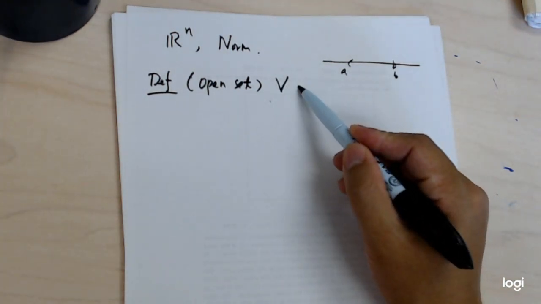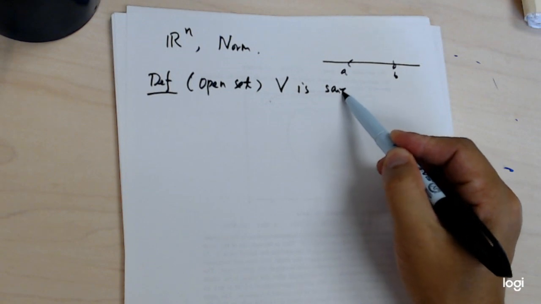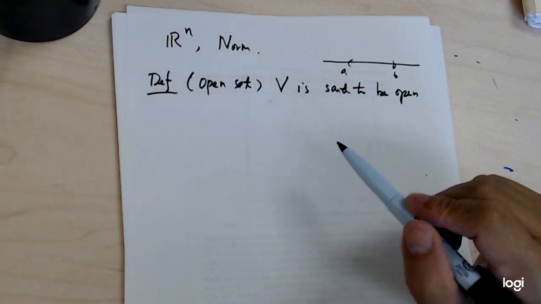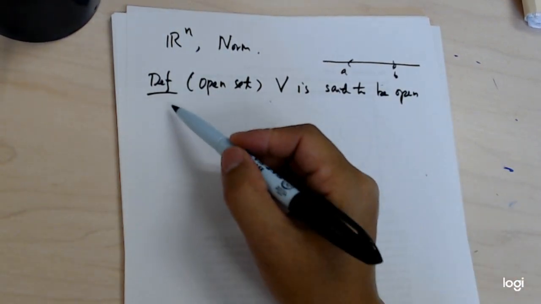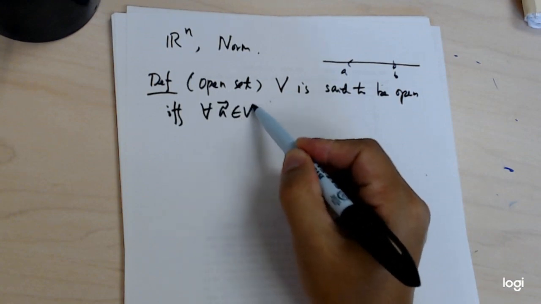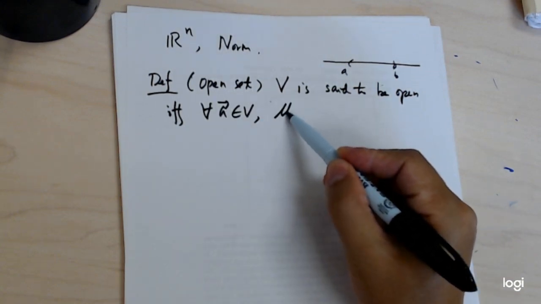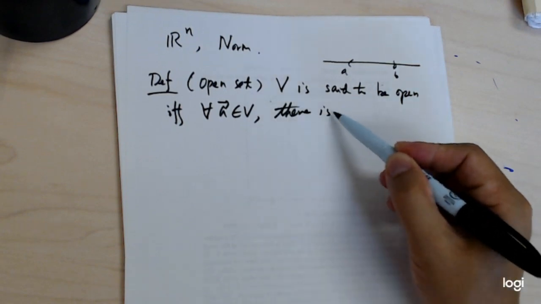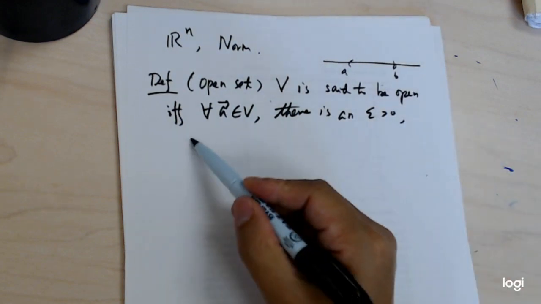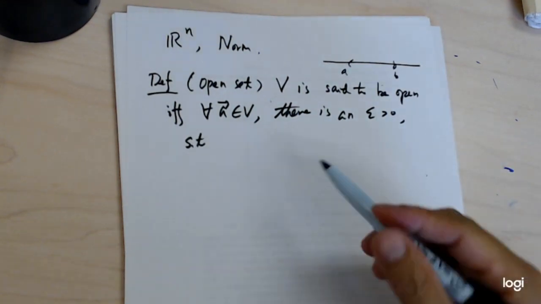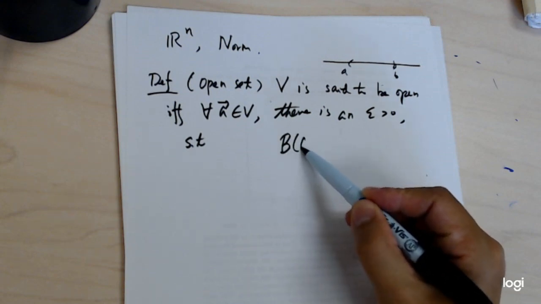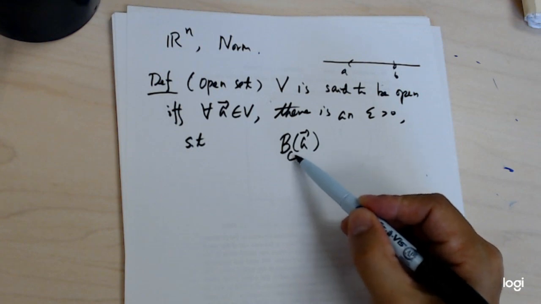A set V is said to be open, okay, here's what it means: if and only if, given any point A in V, there is an epsilon such that you will be able to sketch a little ball centered at A. Remember, this is notation for a ball with radius epsilon.